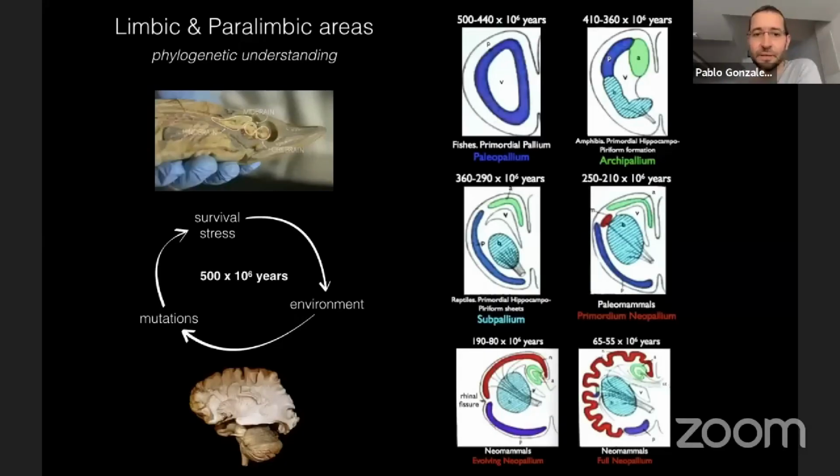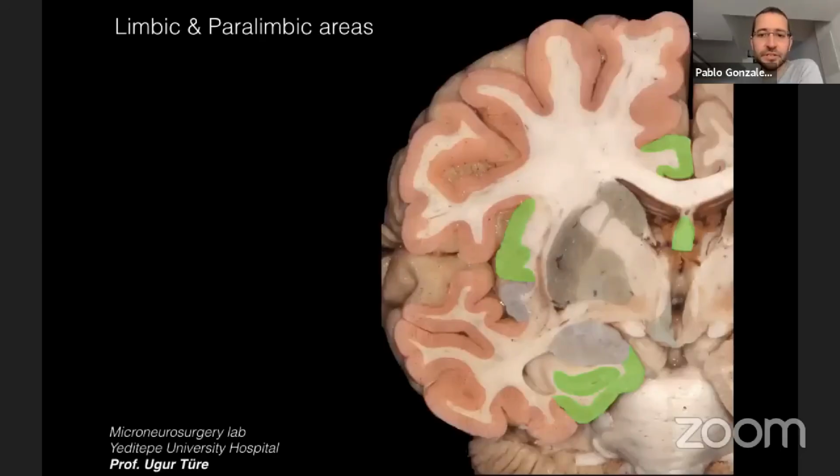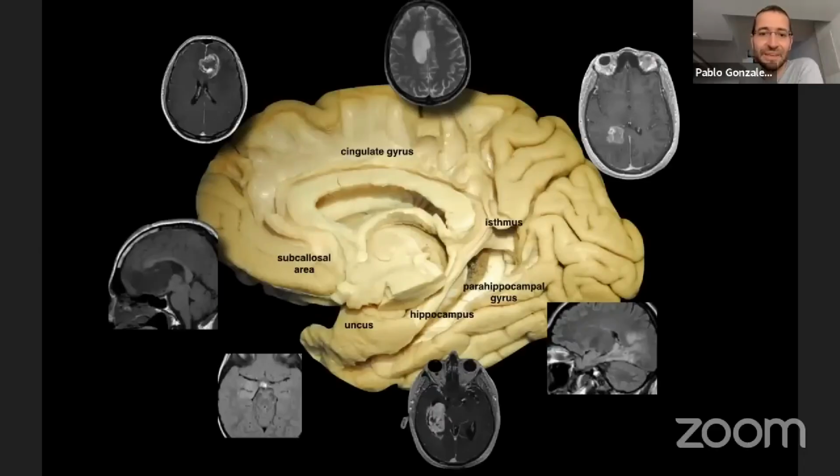This movement to the midline is mainly due to the huge growing of the neocortex. In this coronal cut, we can see in red the neocortex and how these limbic areas have been pushed to the medial aspect, to the interhemispheric fissure, and also to the basolateral part where the parahippocampal regions are. So this evolution of the CNS is very important in order to understand why we have these limbic regions in the midline.